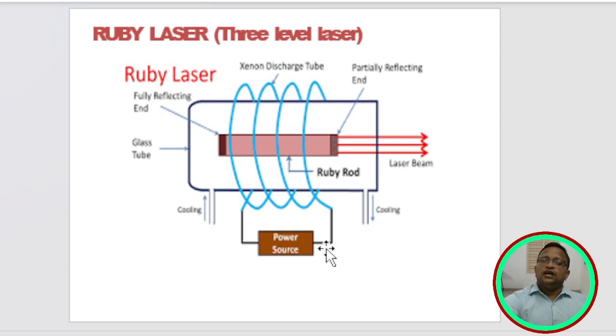At the ends, a power source is connected, and at the two ends of the discharge tube we make use of coolants. That means when the ruby rod is heated, an enormous amount of heat energy is liberated inside the chamber, so to avoid heat loss we make use of coolants. And at the partially reflecting end, the laser beam emerges from the tube.